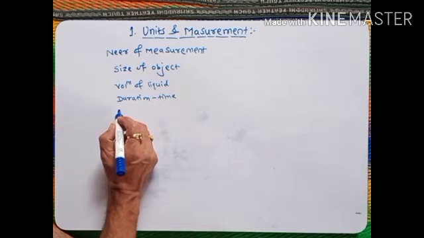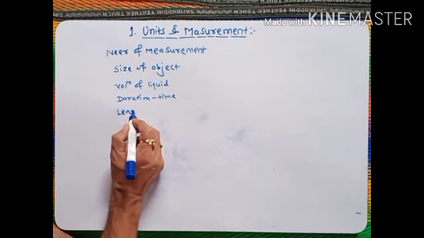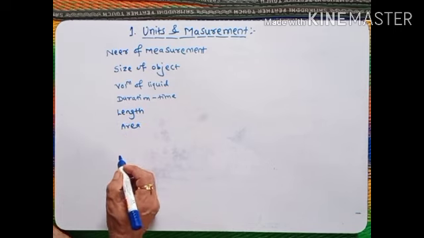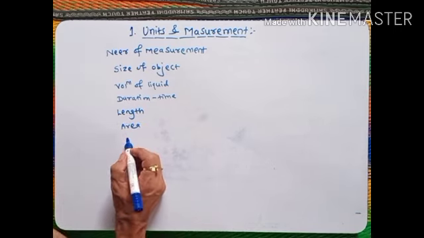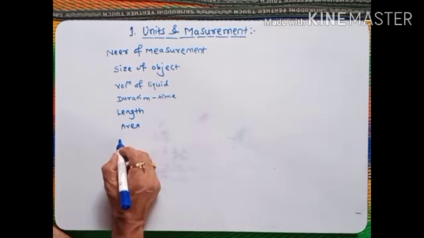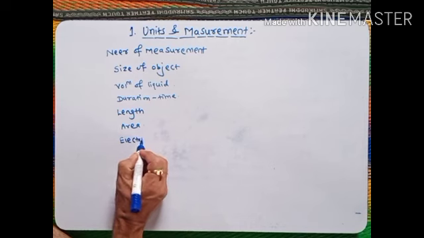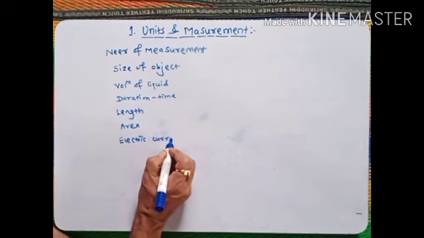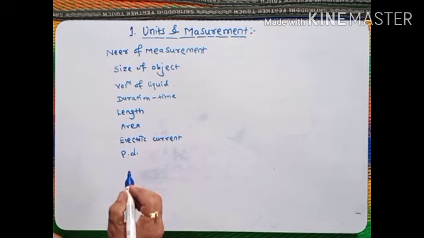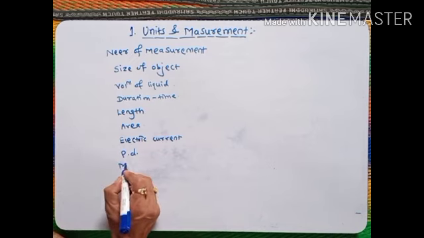We have to measure length or area. Different things we have to measure: electric current, then potential difference, or magnetic field.